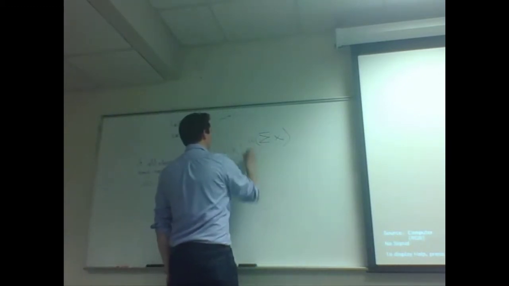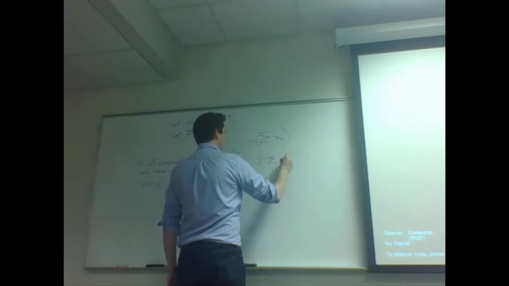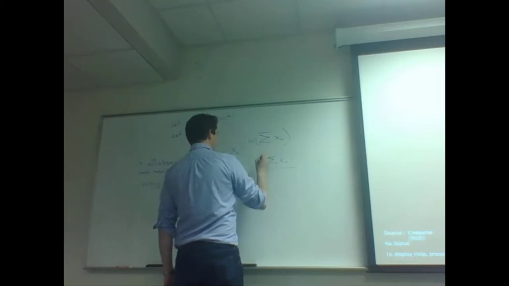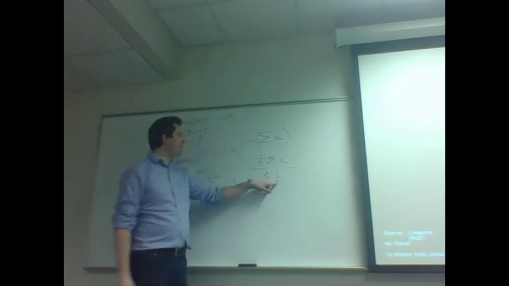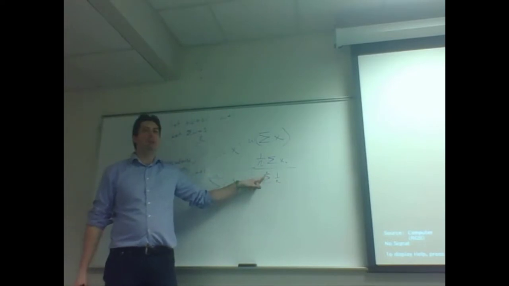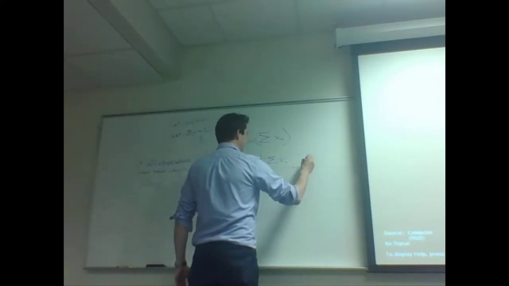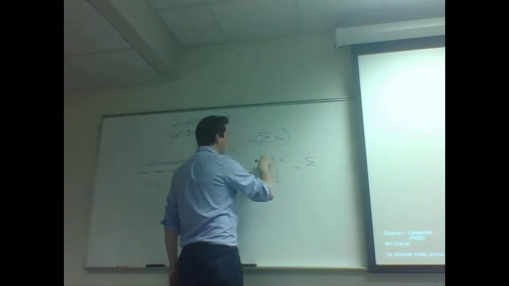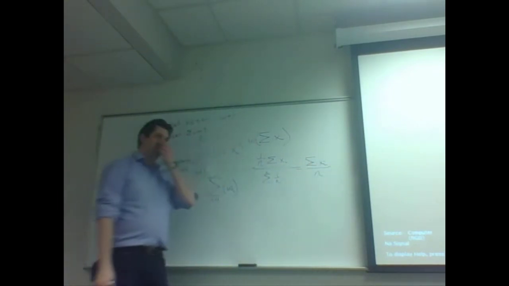So we can do this. Sum all the way out to n, 1/n. Well, if you add 1/n together n times, it's just going to be equal to 1, right? Do we see that? And we can put that n then in the denominator, and we have the same thing.